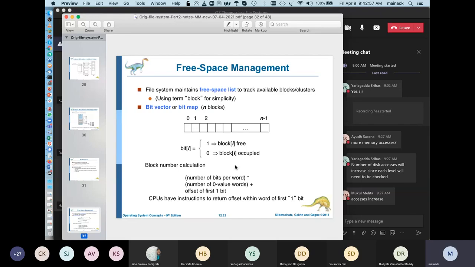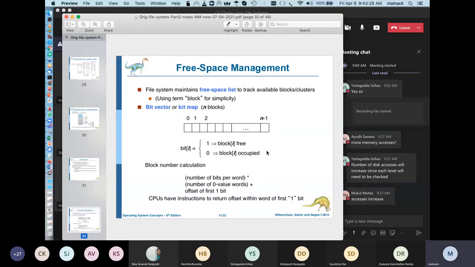One technique for finding free space is to sequentially check each block, and say this is free, give it, this is free, give it. Essentially, the first non-zero word is scanned for the first 1 bit, because each bit is 0 or 1. You scan, you get the 1 bit, which is the location of the first free block. Then the block number of that first free block will be the index of the first 1 bit.